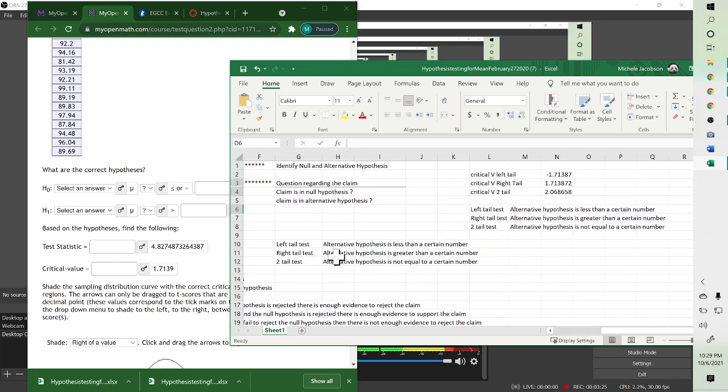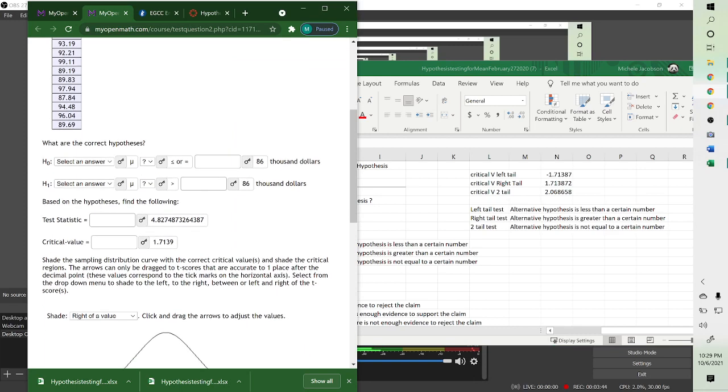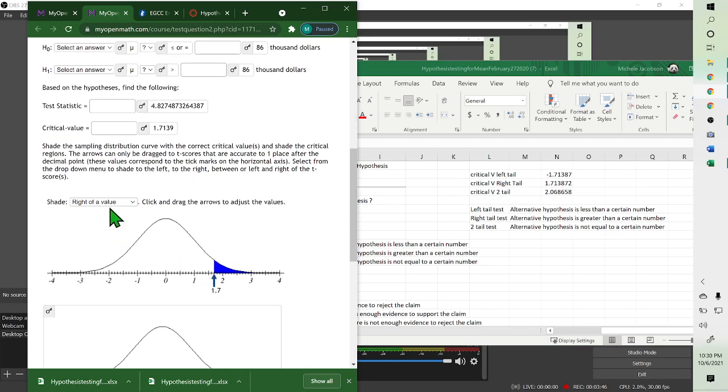Now, because we're testing greater than here, it's a right test. So it's the 1.713872, which is what they have right here. It's a right tail because it's greater than.